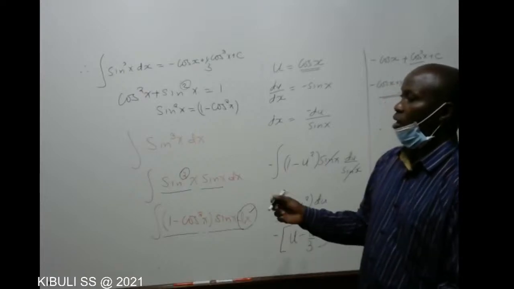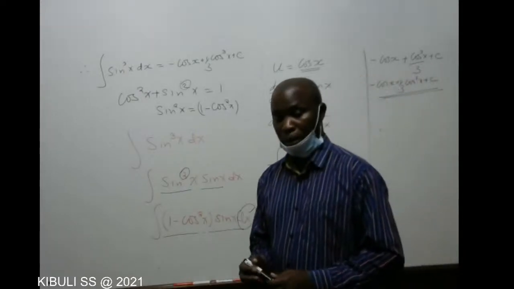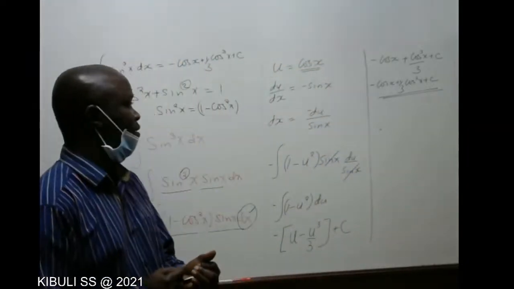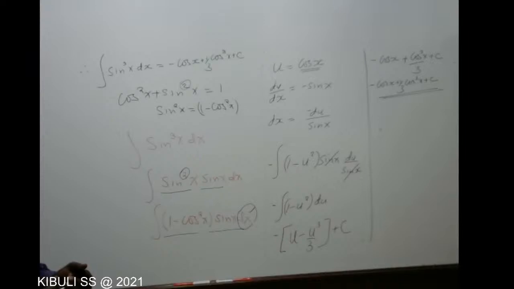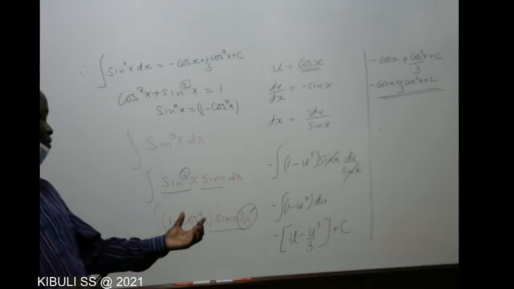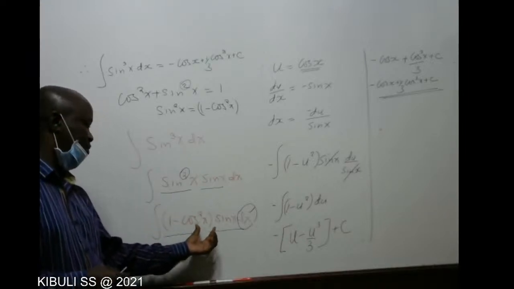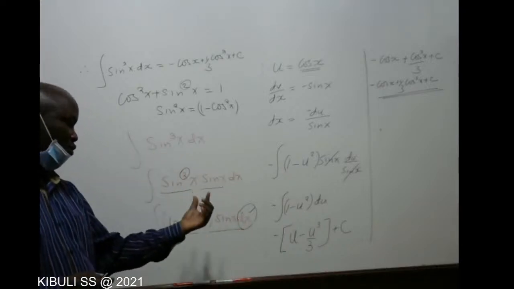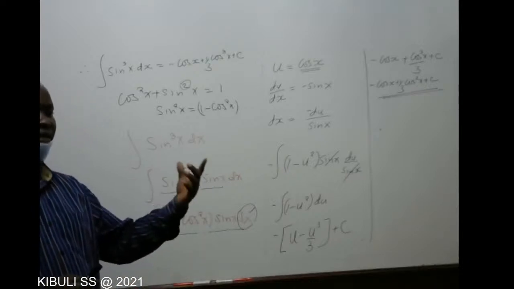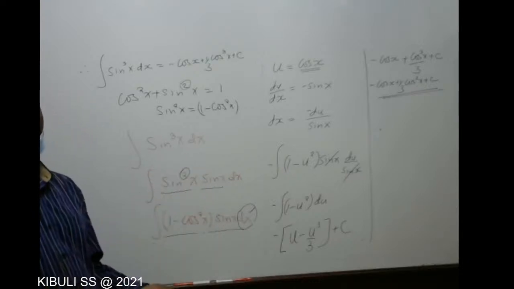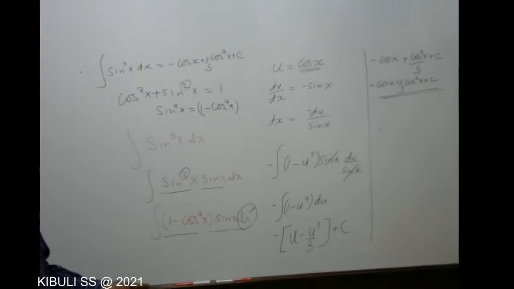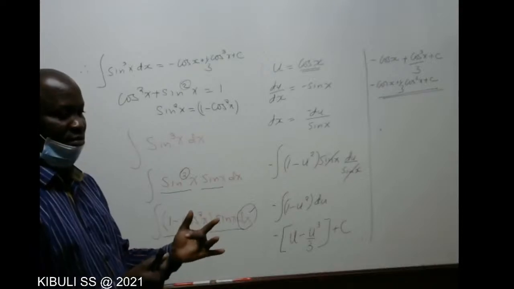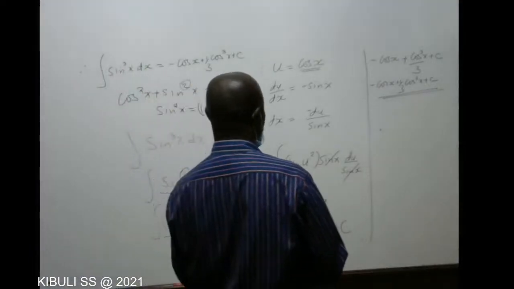And therefore, our substitution must go for the major one, which is the function. So we have identified the function and the derivative. The function is cos, the derivative is sine. Ignore the derivative, leave it like that, and take on the function.